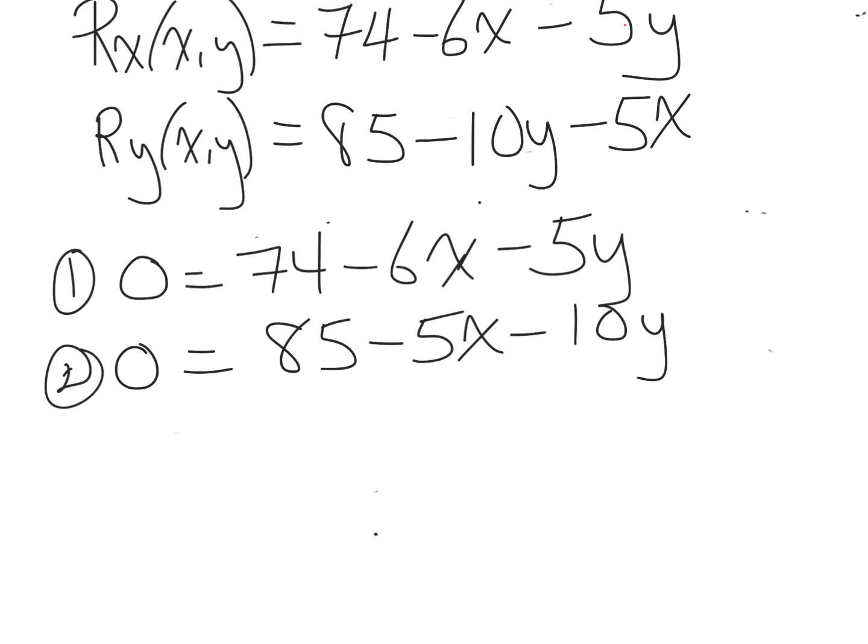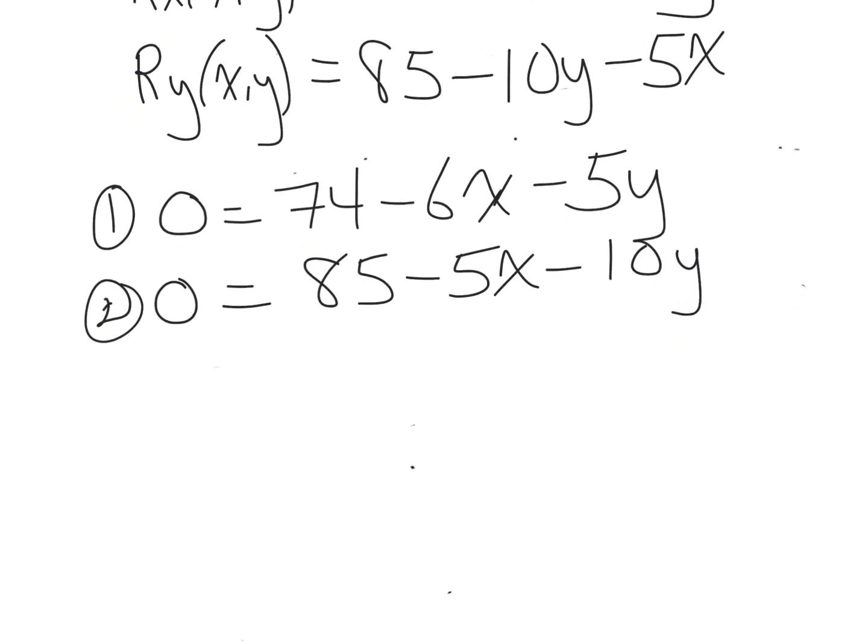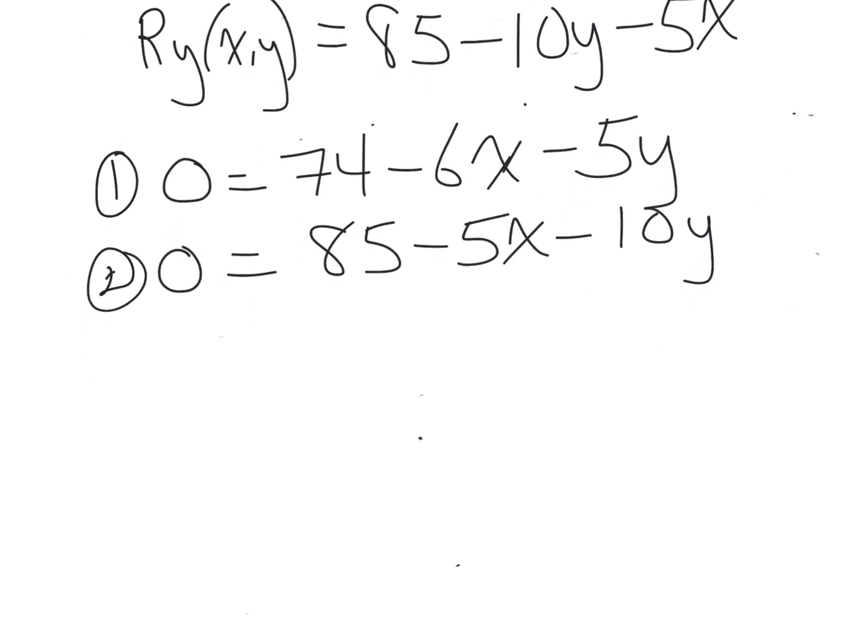So I think I'm able to multiply the first partial derivative by 2, and then we can eliminate the y variable. Does everyone see how that might be a good idea? 2 times that first.